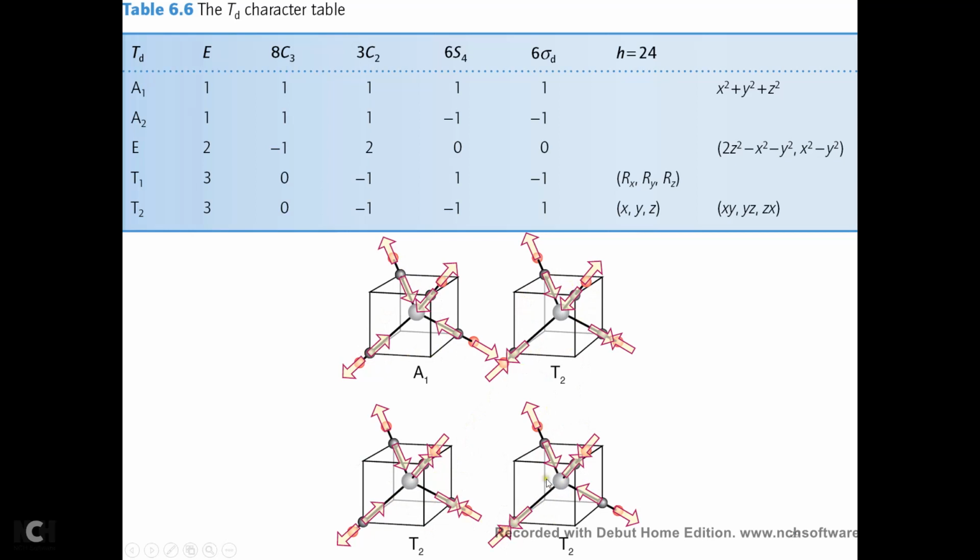In this T2 mode, you have a stretch, and over here that's a compress. Same here, to compress, to stretch. These 2 are stretching, these 2 are being compressed. This is highly symmetrical, and we'll see this kind of case in transition metal chemistry.